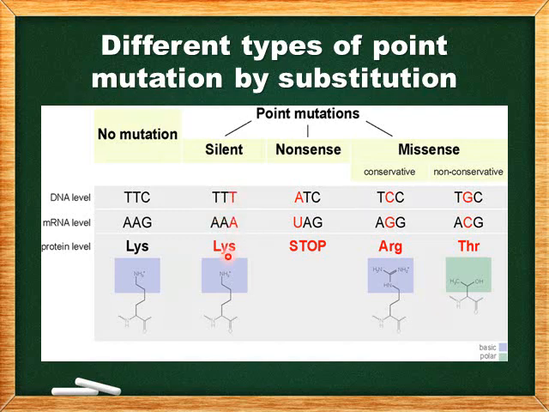So that's why no effect, it's silent. Nonsense is when it codes for stop, termination of the synthesis, and missense is when it gives another amino acid. In this case it altered the protein and it has a different function, or it is not functional yet.